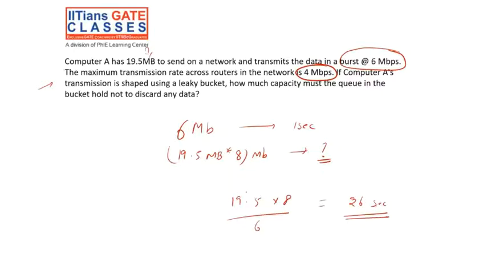So that much data if you go with the flow of the input rate, but your router output rate is 4 Mbps, 4 Mb in 1 second.